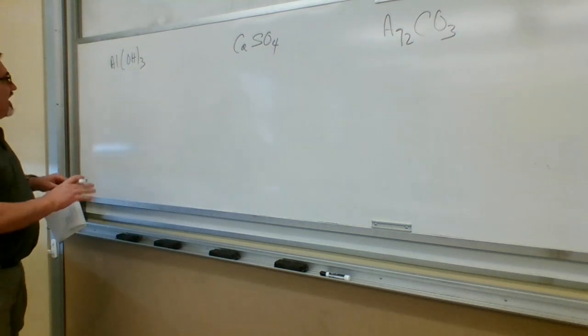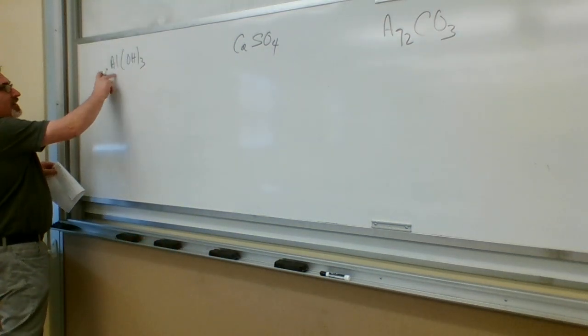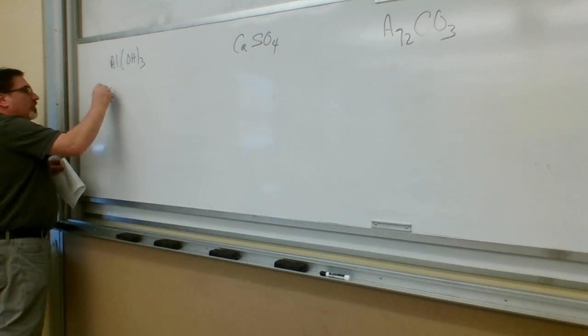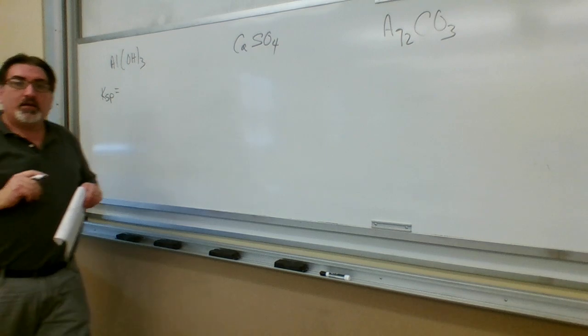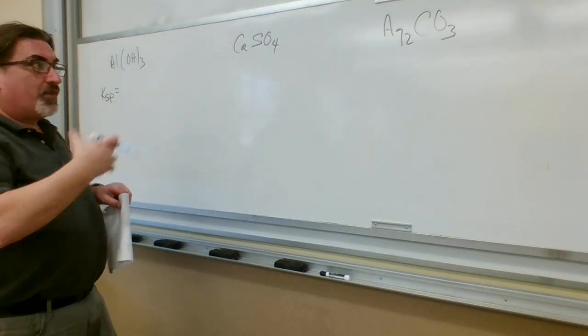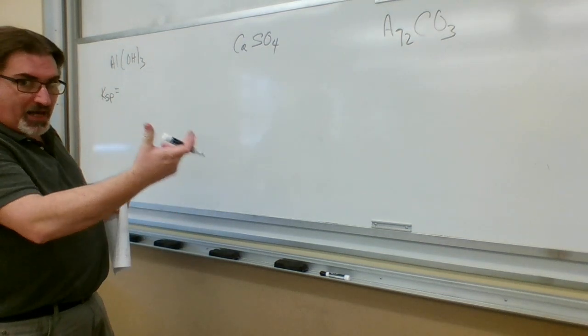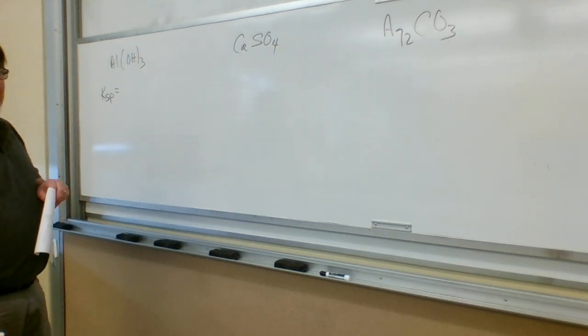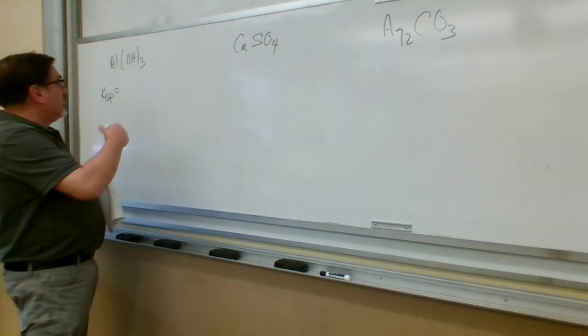So if we write the KSP expression for aluminum hydroxide, Al(OH)3, the KSP, in terms of the setup, is the product of the ion concentrations raised to the power of their coefficients in the balanced equation for dissolving them.